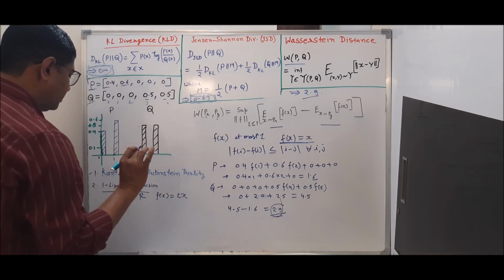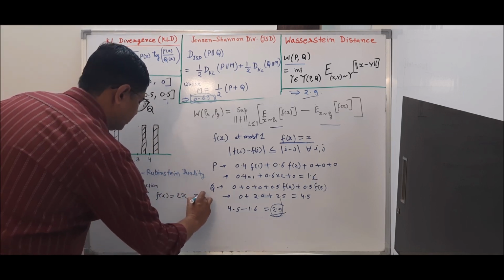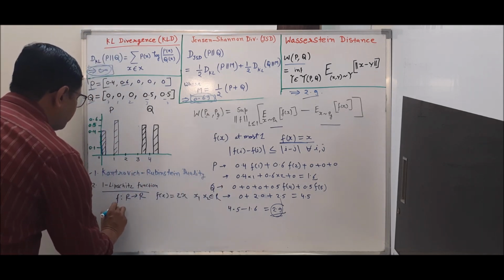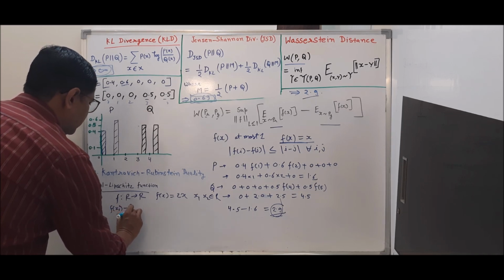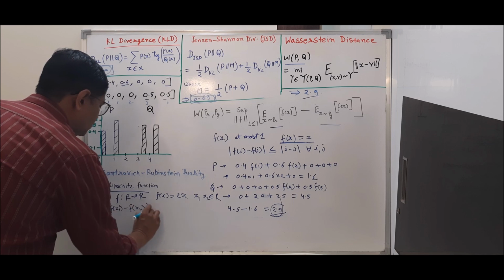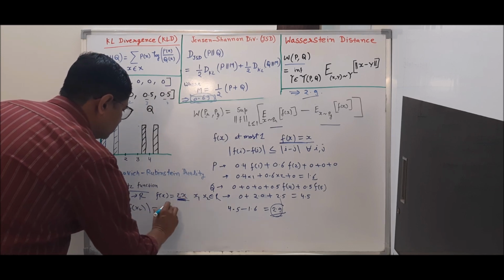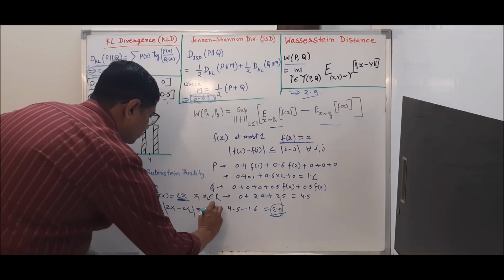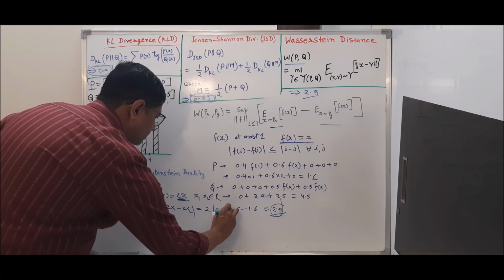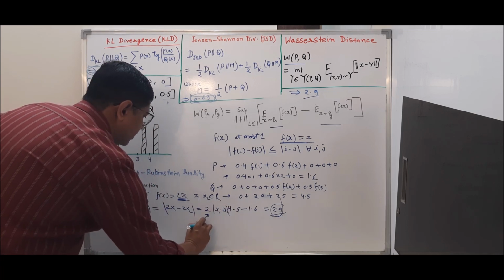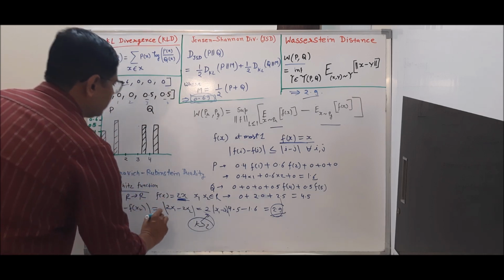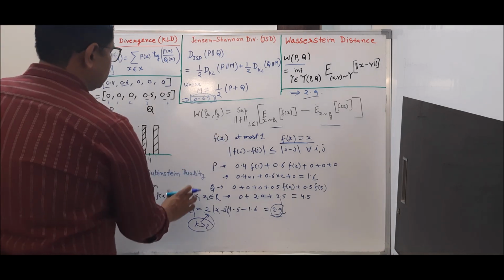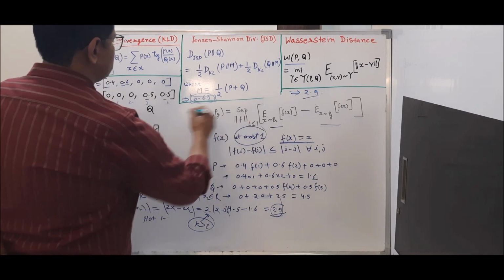Then for any real points, suppose x1 and x2, members of R, f(x1) minus f(x2) will be equal to 2x1 minus 2x2, that will be equal to 2 into (x1 minus x2). Here k is greater than 1, so that will not be a one-Lipschitz function, because the distance between two adjacent positions may be at most 1.